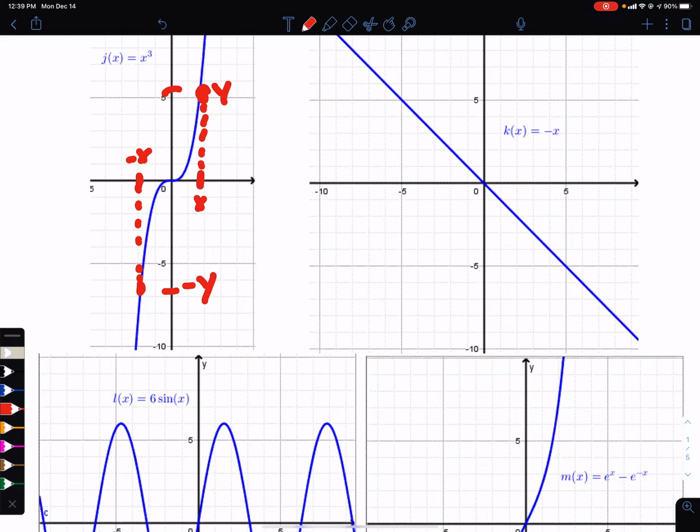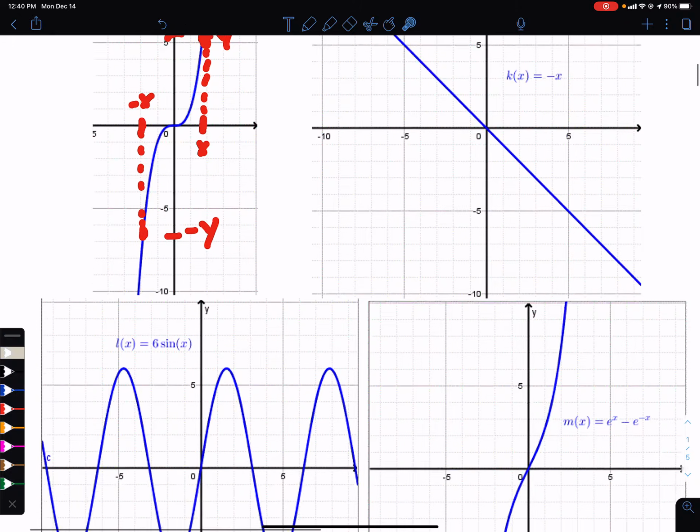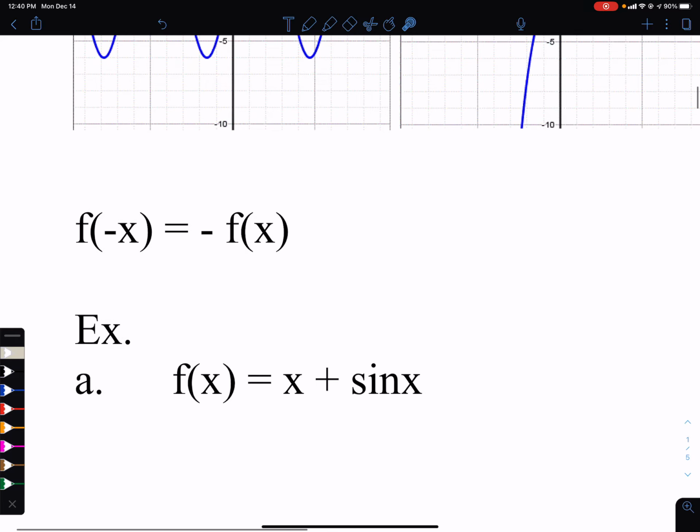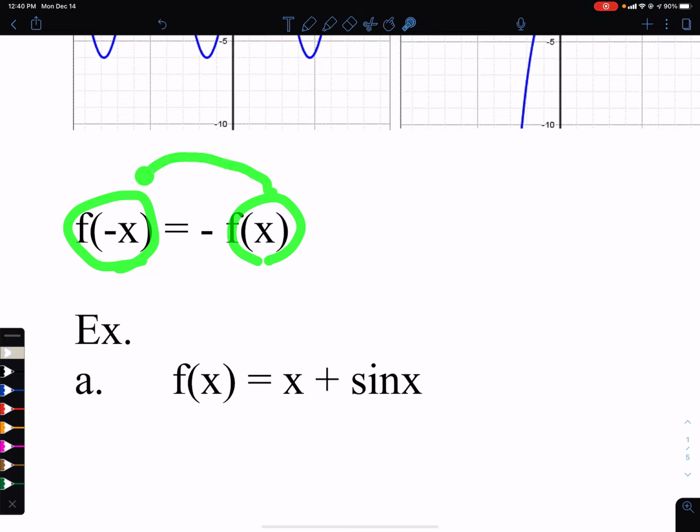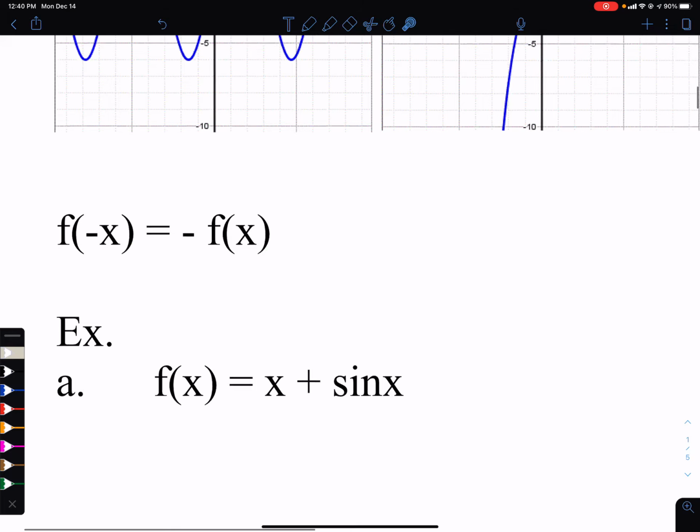That should be minus y. So the y values are going to be opposites of each other with opposite x's. First you plug in x, then you plug in minus x, and you compare your answers. If they are opposites of each other, you know you have odd.